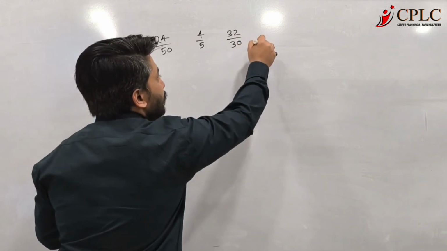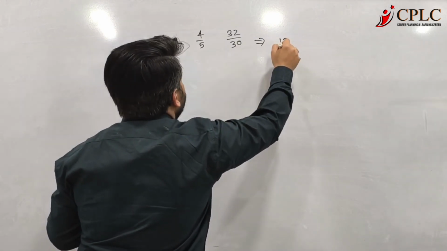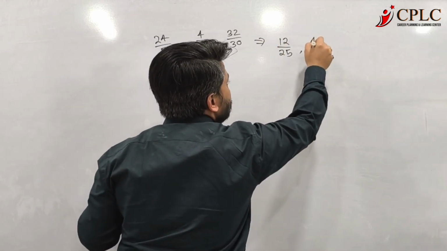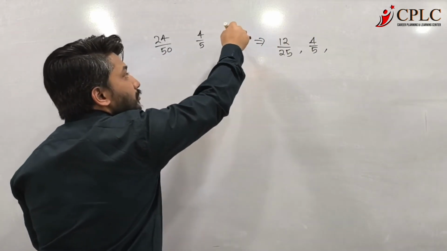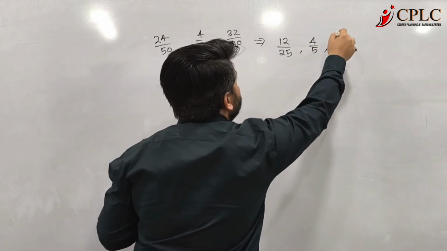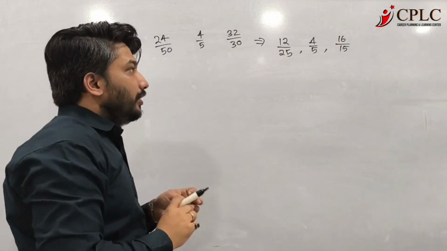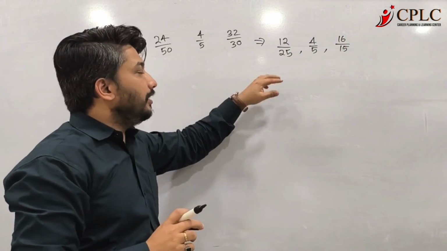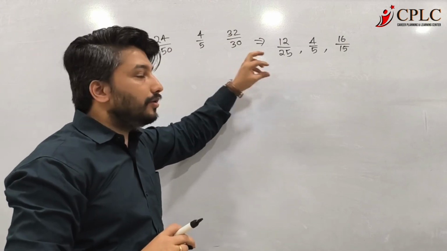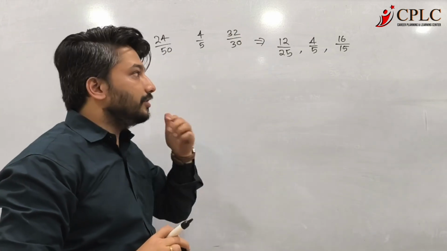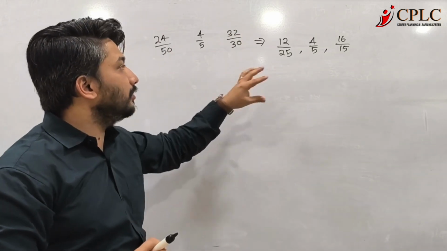So the new numbers become 12 by 25, then 4 by 5 remains as it is, and then this also can be divided by 2, so this becomes 16 by 15. So the point is, now we have to apply the formula to these new numbers and not the original numbers, because they can be reduced further. So that was the point that I had mentioned earlier.